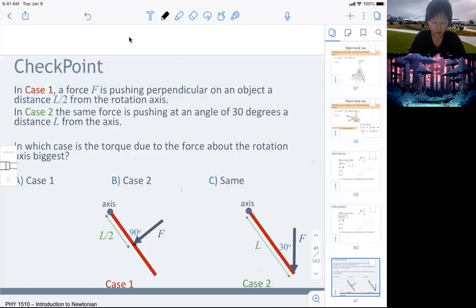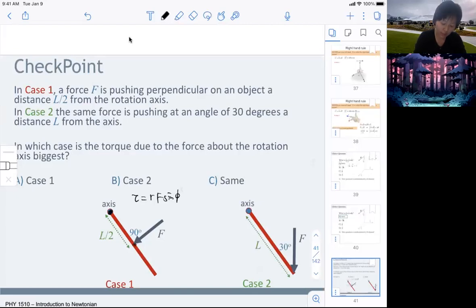So how do we compare the torque? Okay, let's look at the definition of the torque. The magnitude is R times F times sine phi, the angle between them. R is a vector pointing from the origin, the center of rotation, to where the force is being applied.